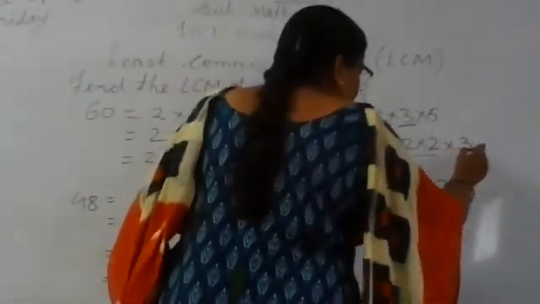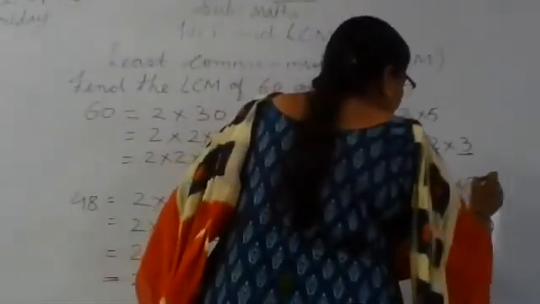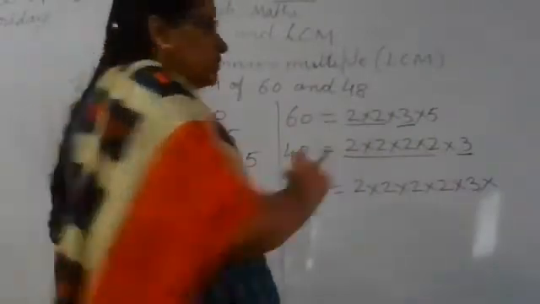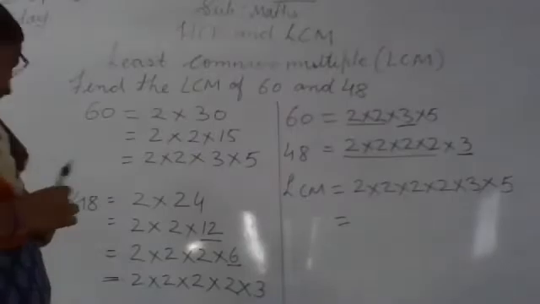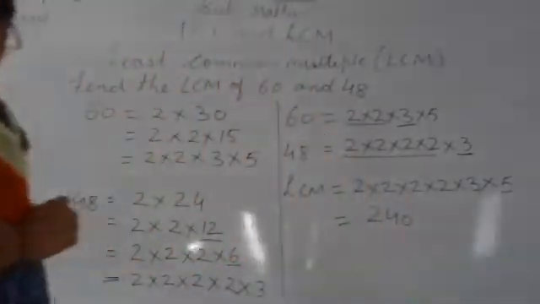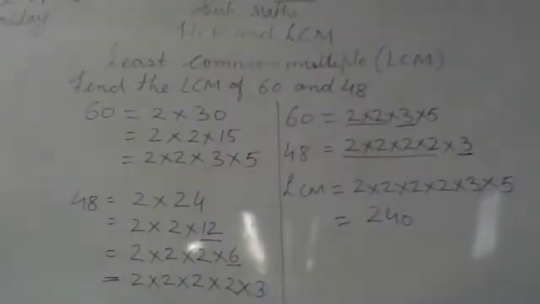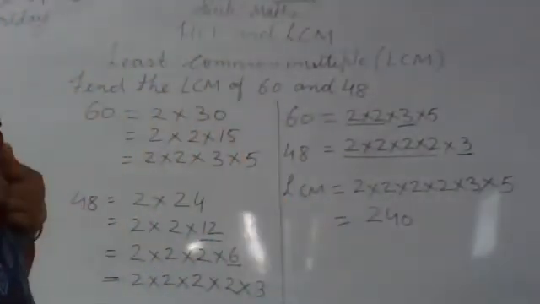What is left? This 5 is left. After multiplying, we get 240. So the LCM of 60 and 48 is 240. Got it, beta?